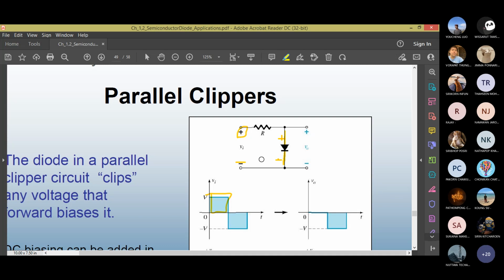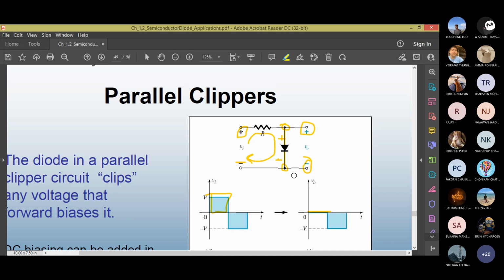The diode is on. It is forward biased for the positive half cycle. What is the output voltage? You're taking the output voltage. Look at the pair of nodes in parallel with the diode's two end nodes. What is the voltage output for ideal diode? 0 volts. Short circuit, volts 0.